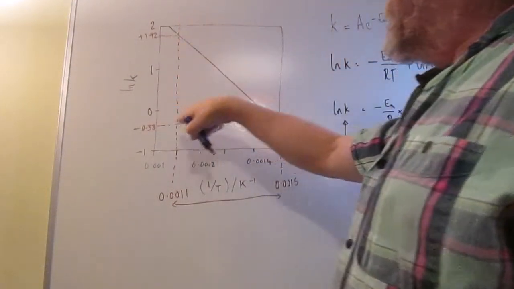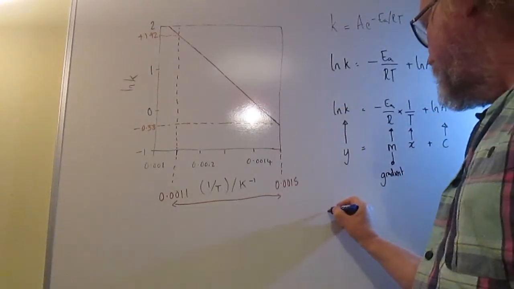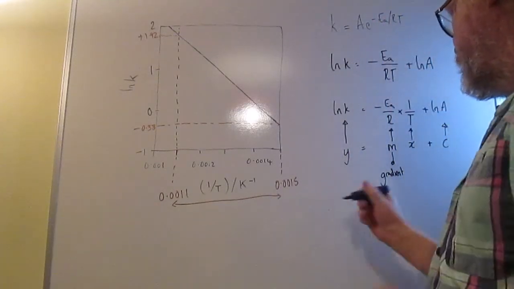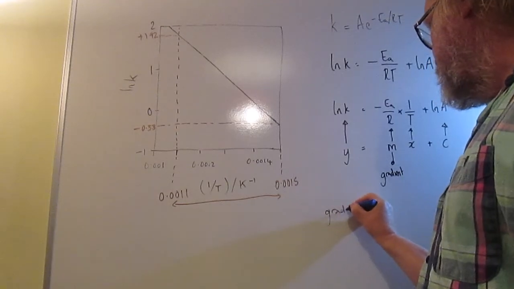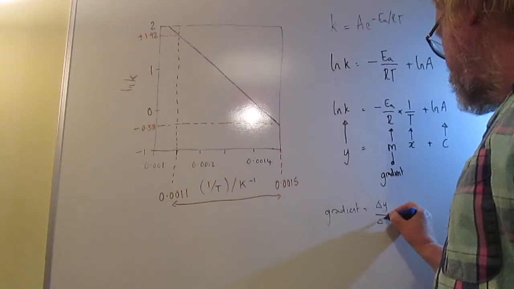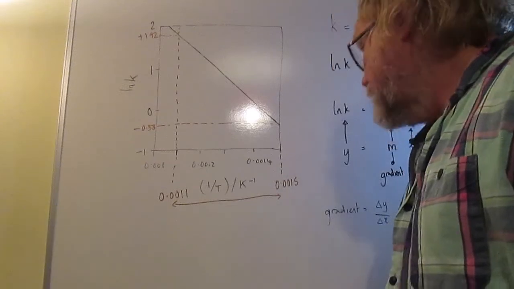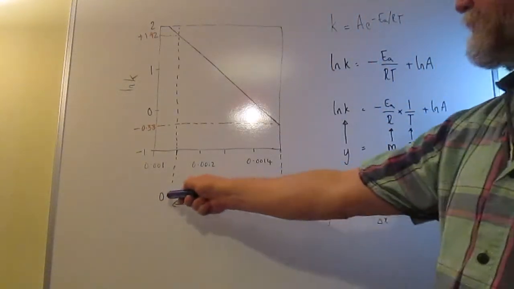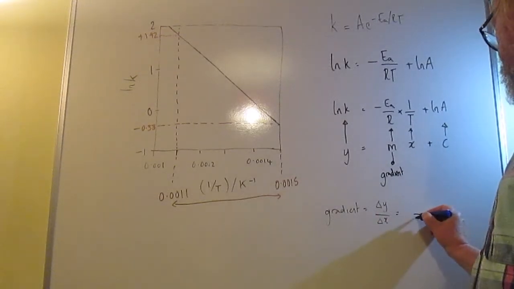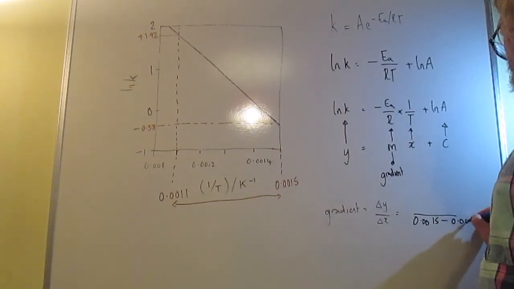Okay, so now we've got a nice big triangle which is going to give us a nice accurate gradient. So remember that general definition for the gradient is that it's delta y divided by delta x. So as the horizontal changes from 0.0011 to 0.0015, the change in the x-axis is 0.0015 minus 0.0011.